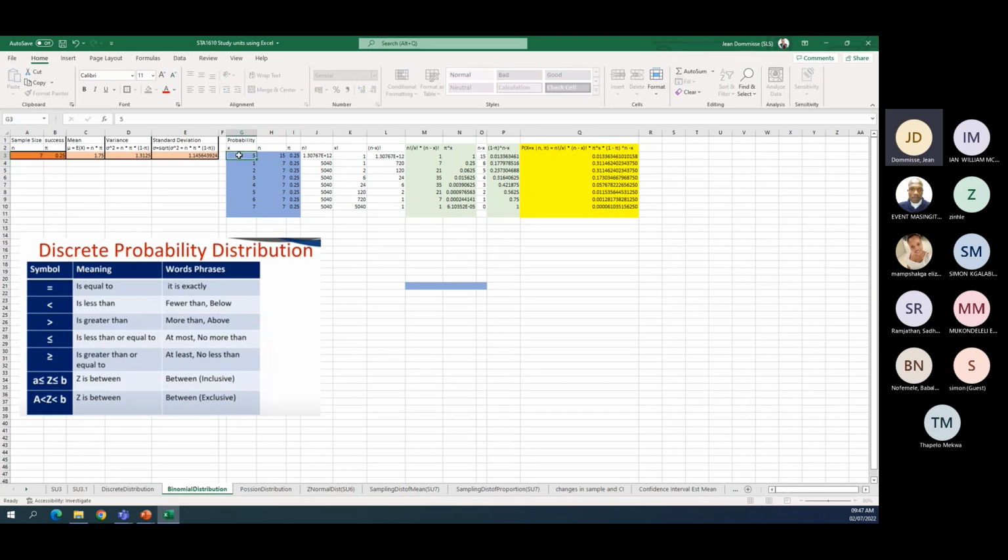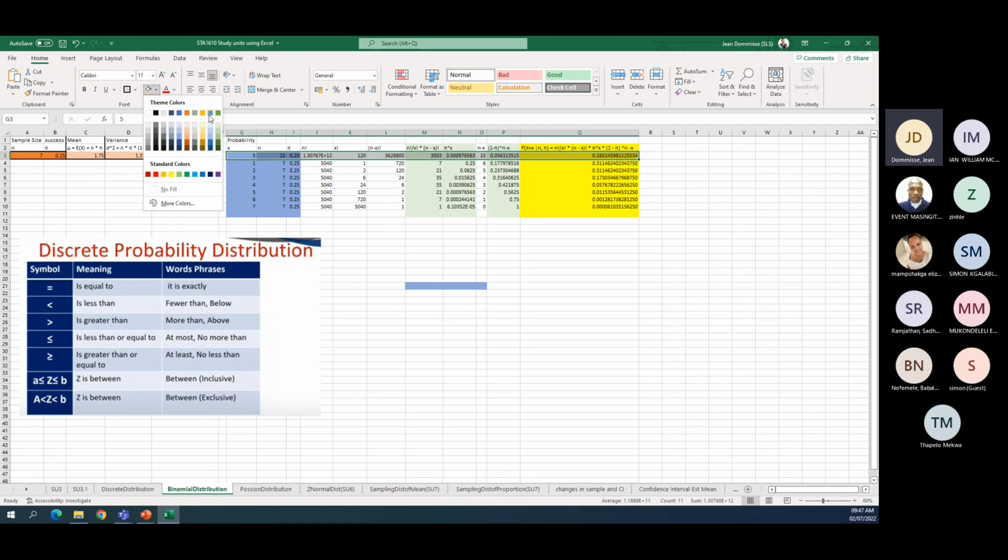It was 5. Okay, so I am going to change it back to the previous statement. N is 15, X is 5, and there's that we need to work out.